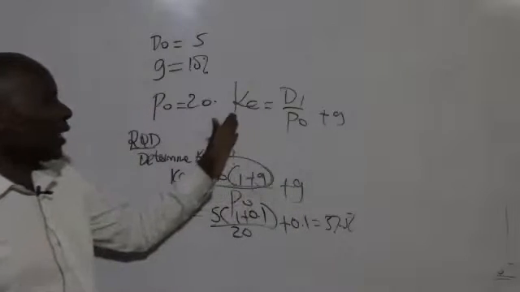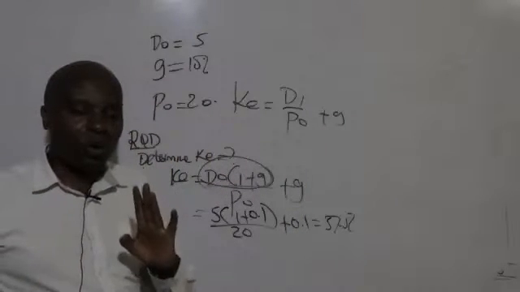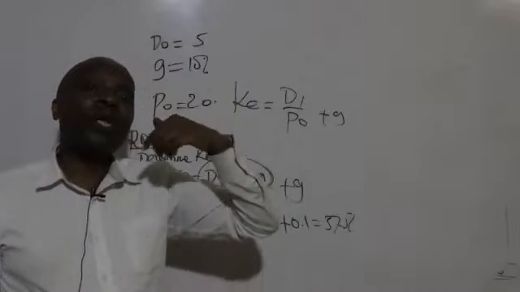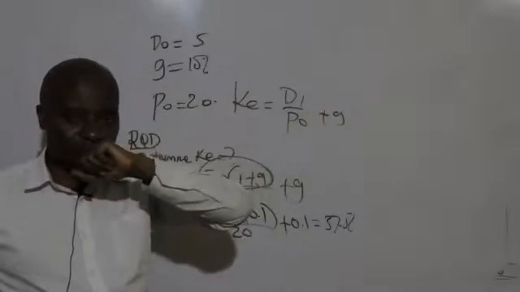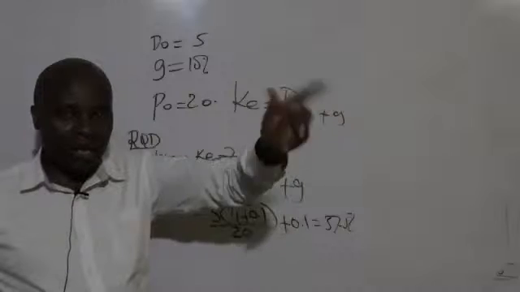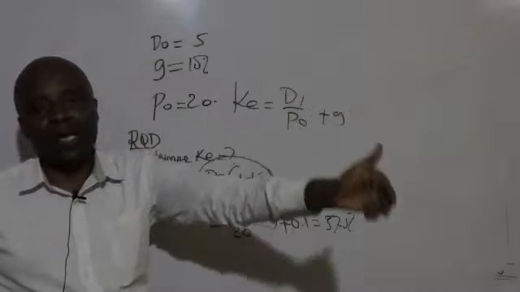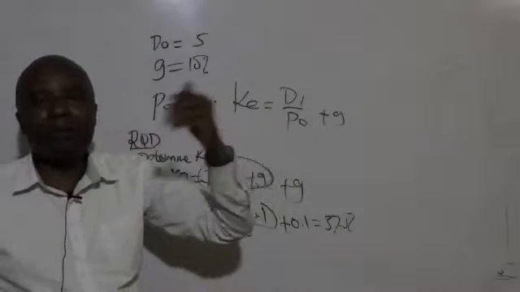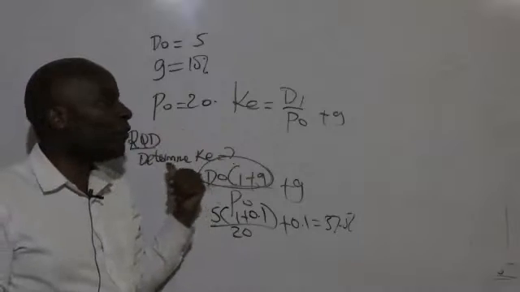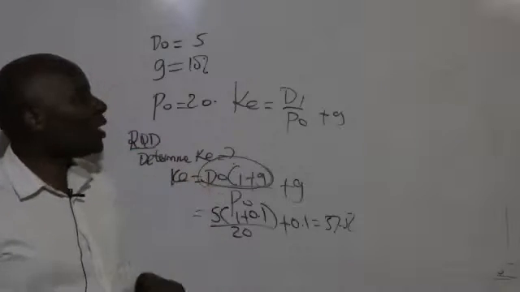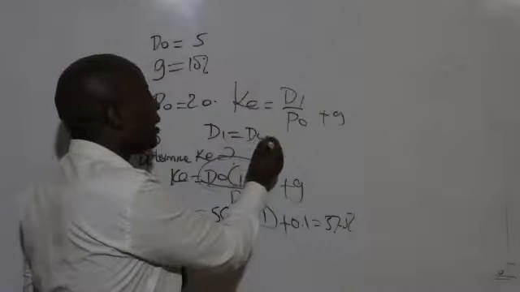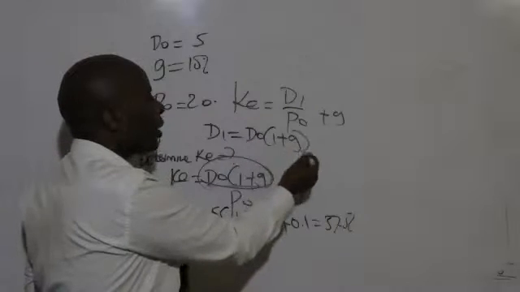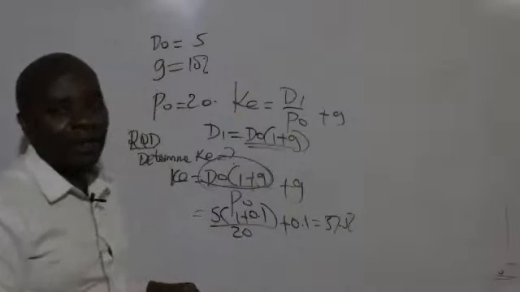So cost of equity will be equal to the dividend we are yet to receive at the end of the year, divided by our original investment. And it is this D1 that we normally get by taking D0 into (1 plus g).